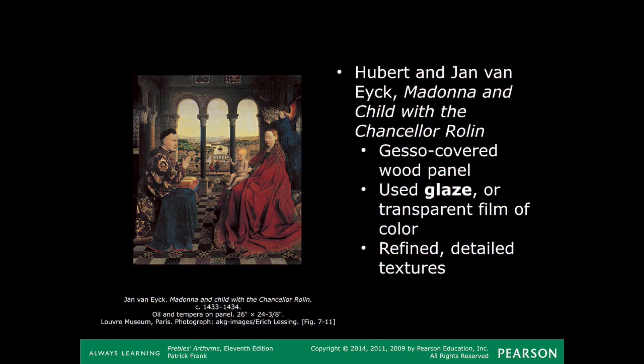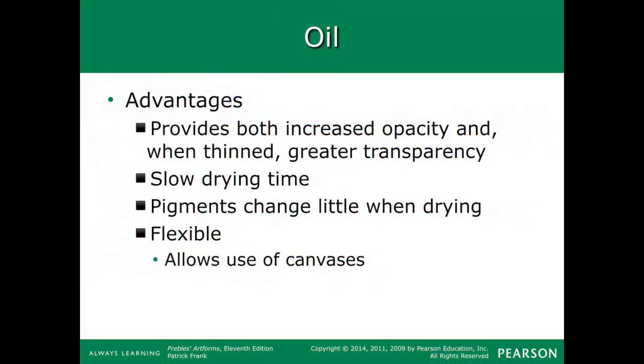When it comes to these artists during the Renaissance, they like to do everything in glazes. So basically very thin applications of color. That's the way they get so much accuracy and form. They can get very close to a photograph, basically.